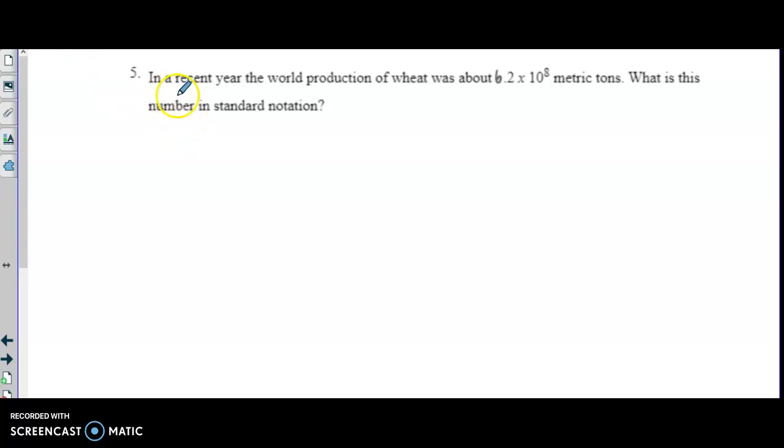All right. In a recent year, the world production of wheat was about 6.2 times 10 to the 8th metric tons. What is this number in standard notation? So it's in scientific notation here, and I want to switch it to standard notation. My exponent is an 8. That is a positive number, so I should end up with a big answer.